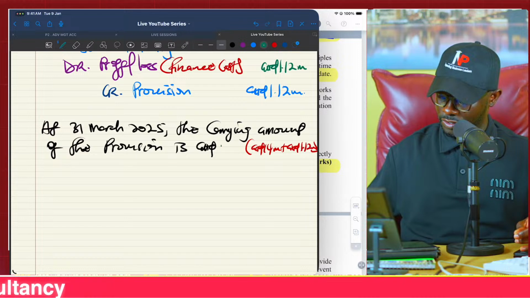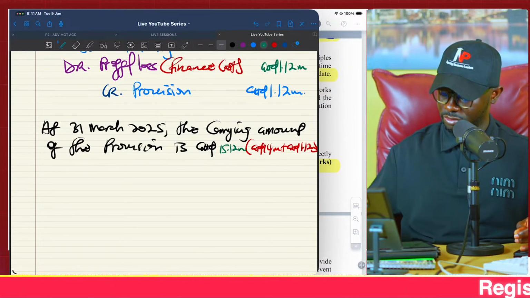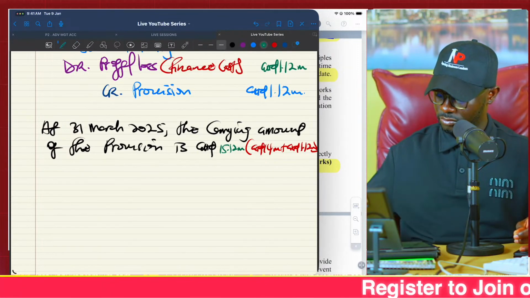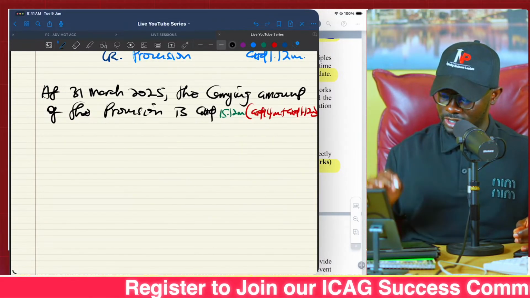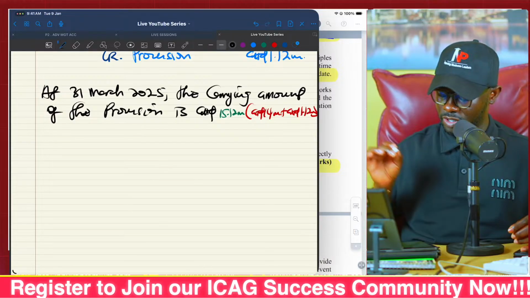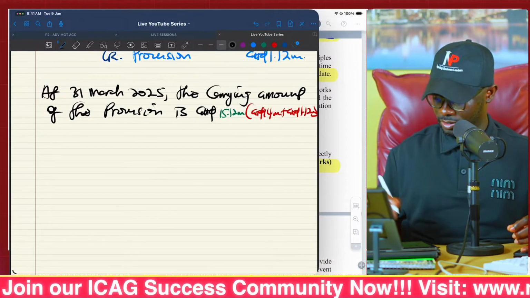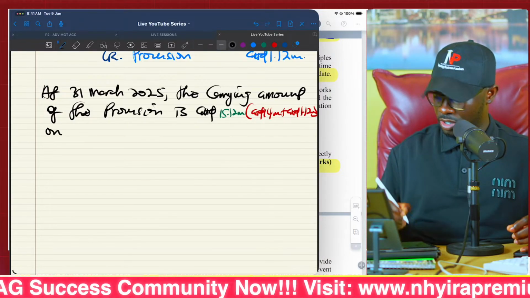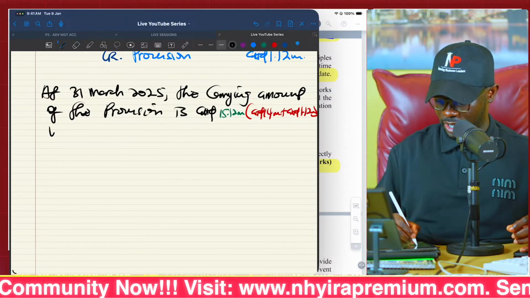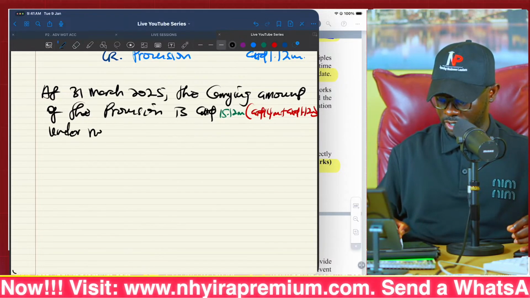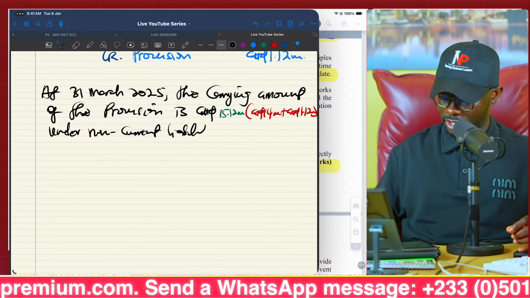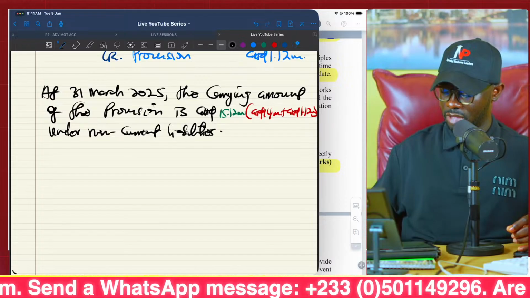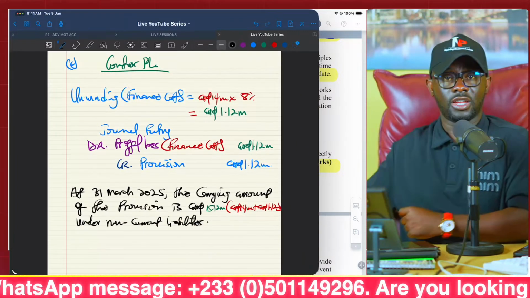So that's going to be 15.12 million. Okay. So at 31st March 2025, the carrying amount of the provision is this, under non-current liability. So this will go under non-current liabilities on the face of the statement of financial position.